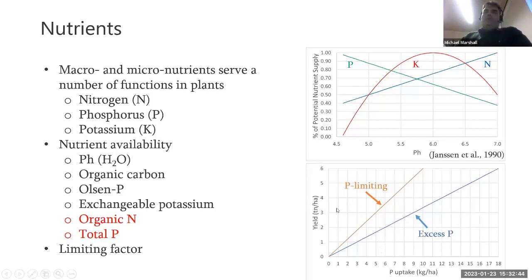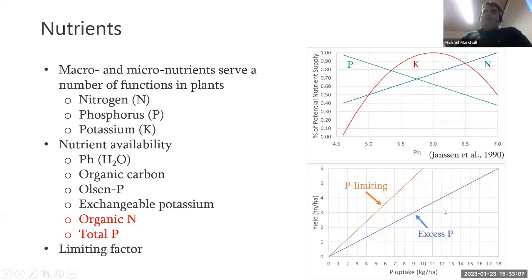In this case, we illustrate yield versus P uptake. In this illustration, you can see an example of P limitation. P uptake is quite high with the variation in yield, and that's because there's not a lot of phosphorus in the soil, so the plant's trying to take up as much as it can.